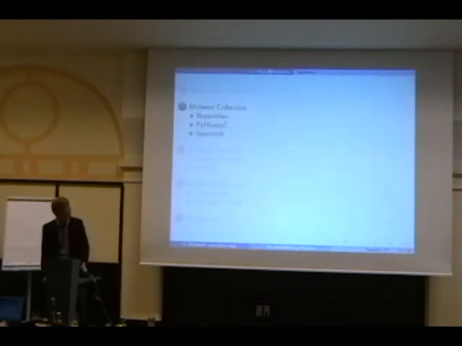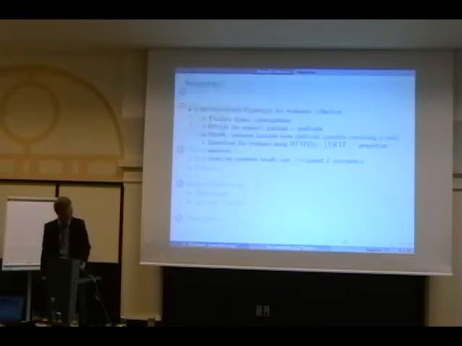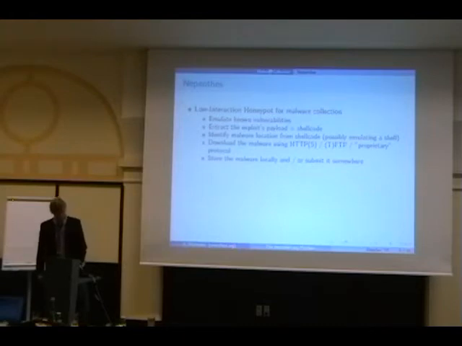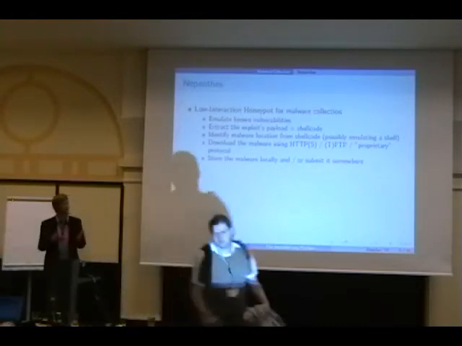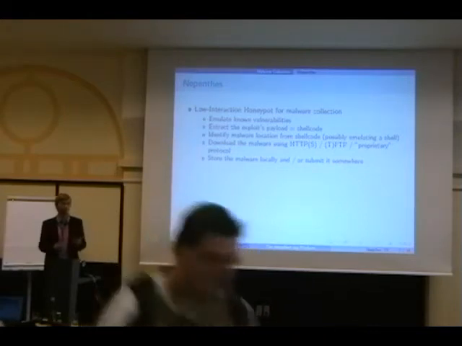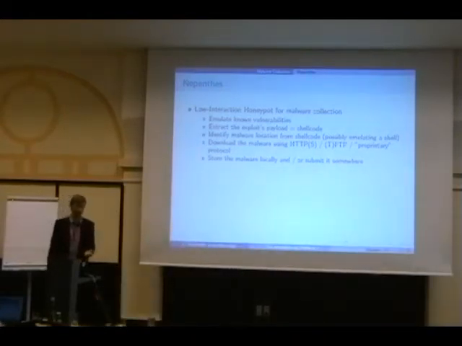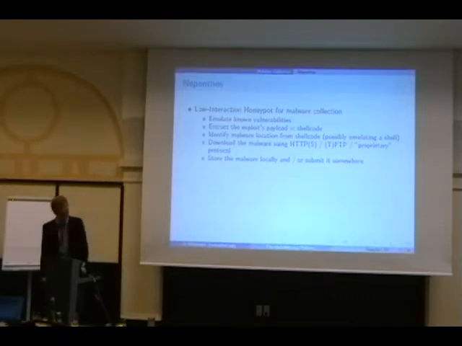So the first step is the malware collection, and there's several tools to do this, and I'm going to briefly outline how they work. First of all, there's Nepenthes, a low interaction honeypot, which works by emulating the known vulnerabilities. So for example, we have the LSASS exploit, there's some public exploits for it, and we just look at the source of these exploits or the information about the vulnerabilities and write some module to emulate these vulnerabilities.